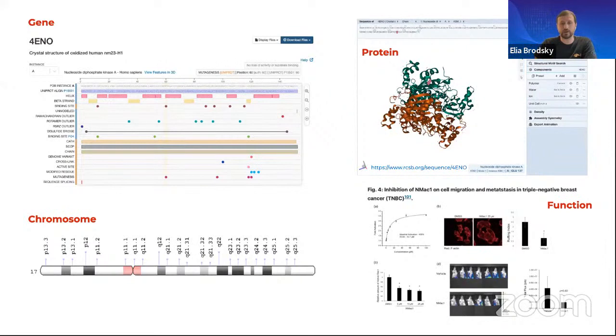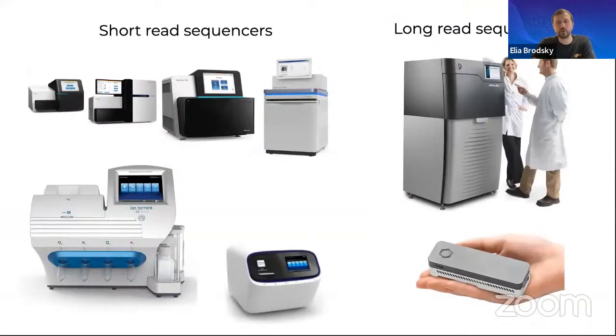At the level of where they are found in the chromosome, what does the gene look like in terms of what's being expressed and what's the variation of expression, at the 3D structure of the protein that gene codes for, and also at how people validate that these mutations actually cause the phenotype or a change in function.